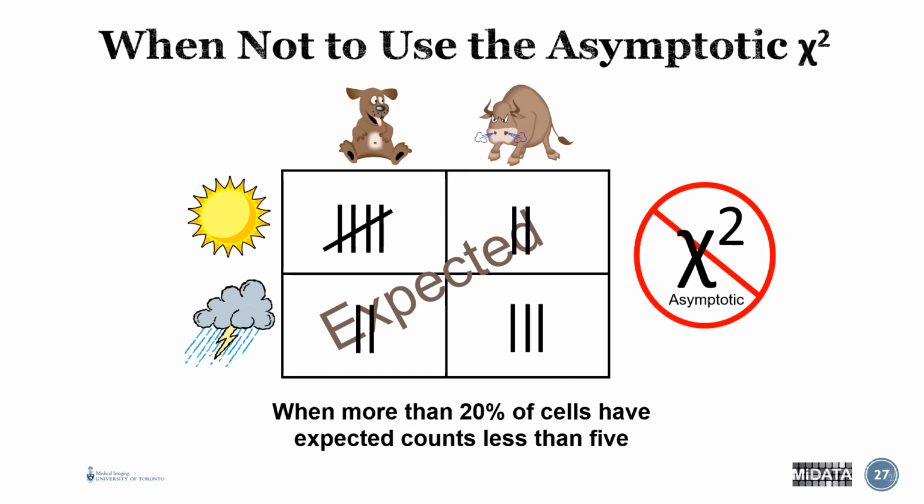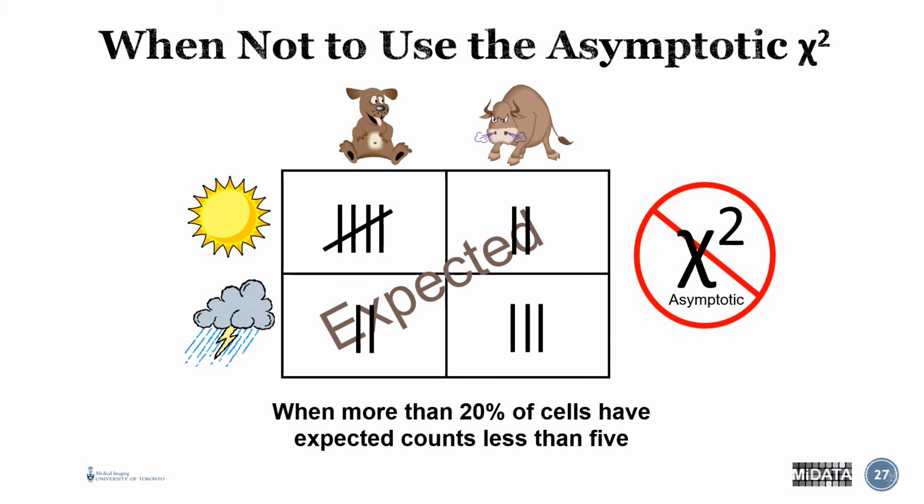So you'll recall from the previous lectures that when testing a proportion, we had the option of using the exact binomial equation, or we could approximate it using the standard normal curve using what was called the asymptotic standard error. So what we want to cover now is when not to use the asymptotic chi-square as described previously.